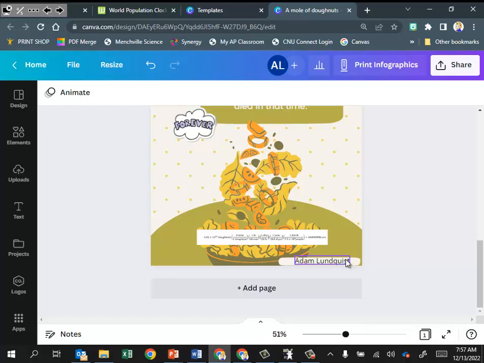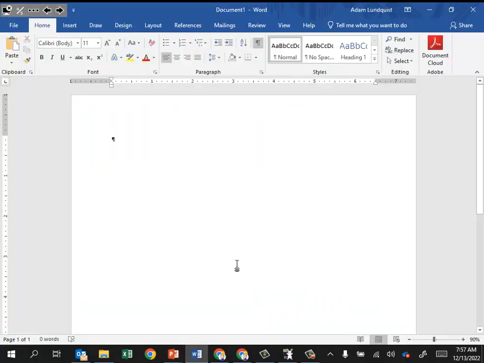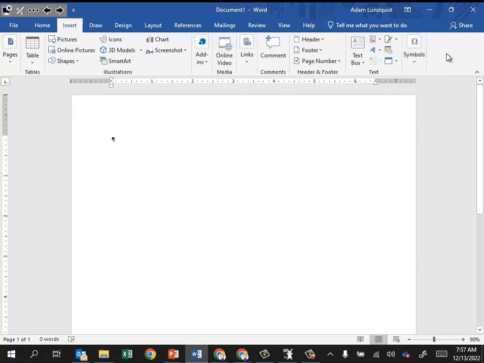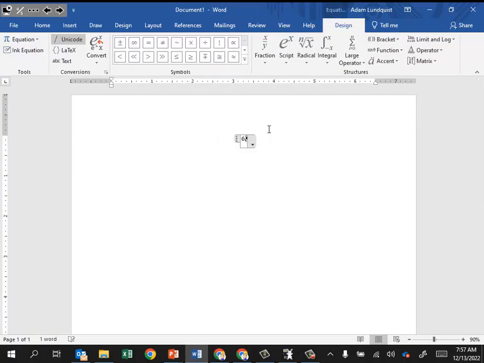Now, creating the math for this is going to require you to open up Word or Google Documents, and you can go up to the ribbon at the top, say insert, and then equation. This will open up an equation box, in which case you can type in your math.